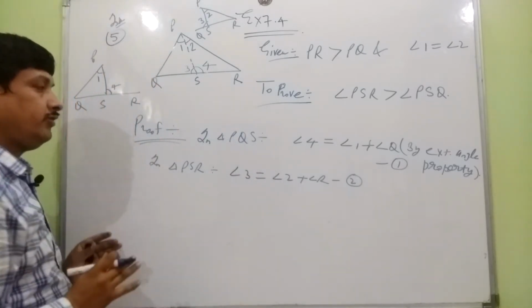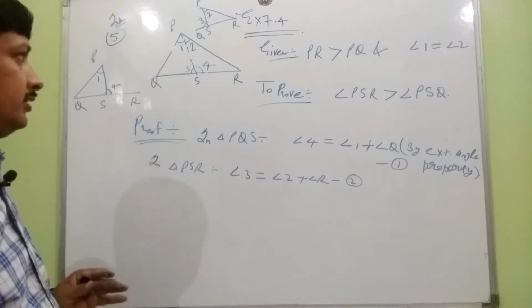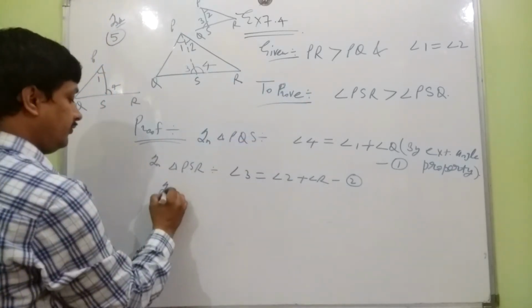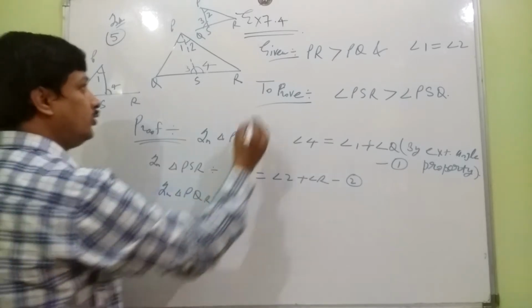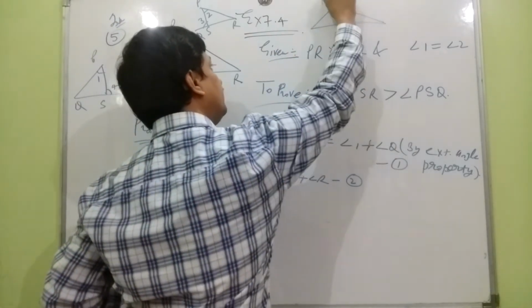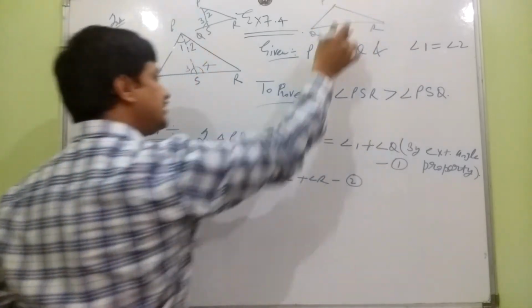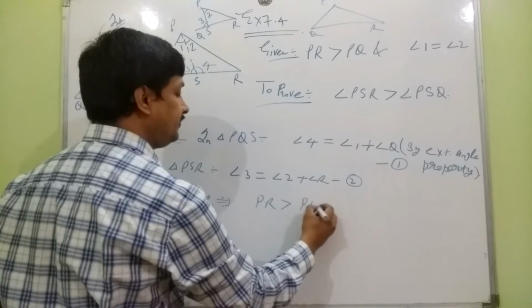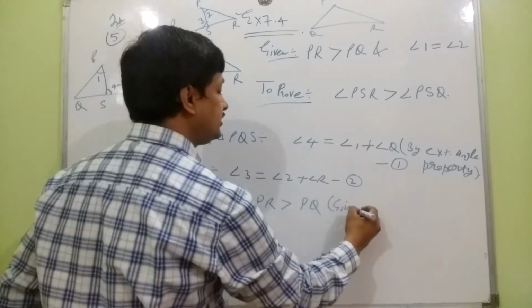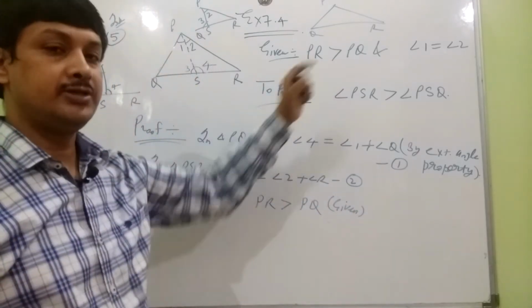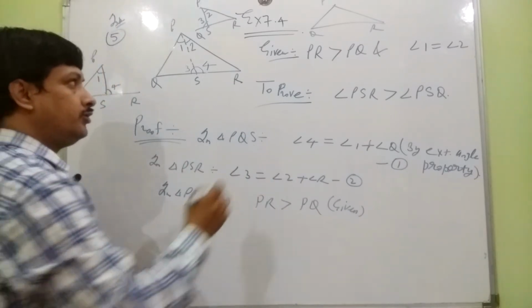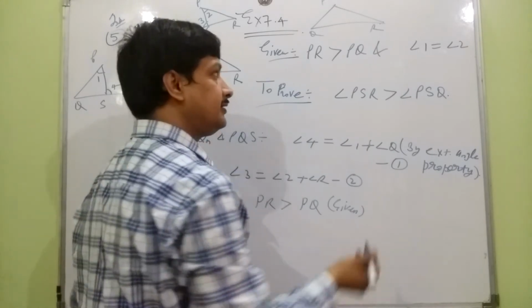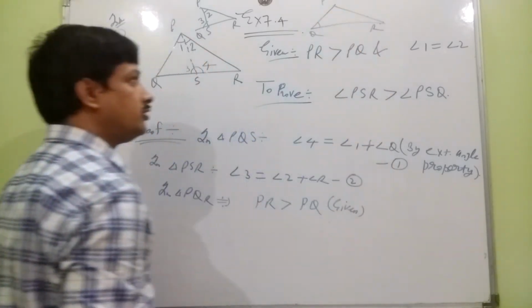Okay. Now we will start with the thing which is given to us. In the whole triangle PQR, you know PR side is greater than PQ side. It is given to us. You know in any triangle, if any side is greater, then the angle opposite to it is also greater.